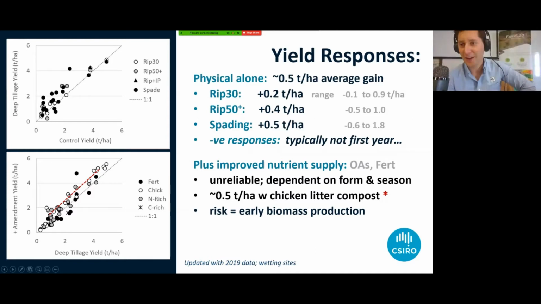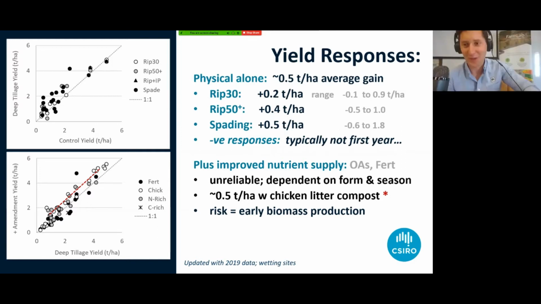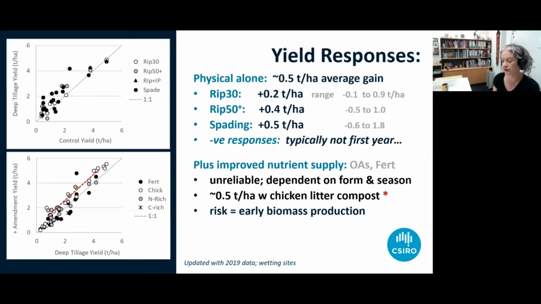Are those correlated with specific soils, Lynn? How can our listeners avoid that? So it was correlated with a very dry start, which is typically when water repellence tends to express itself.